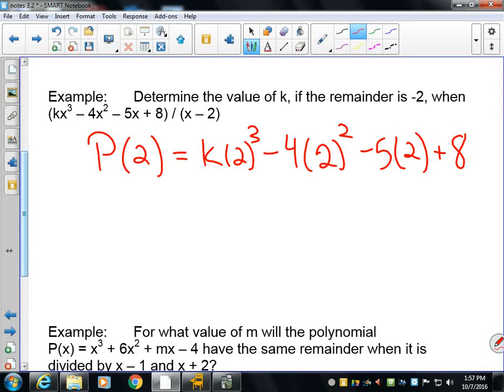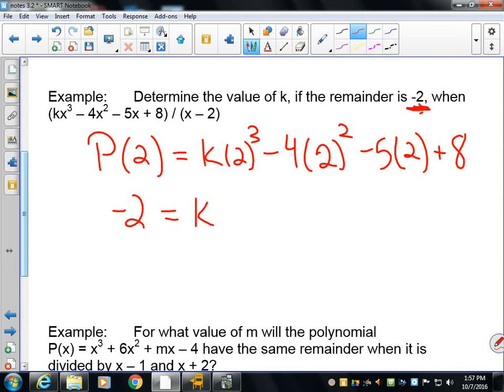But what does p of 2 actually equal? The remainder, right? Because if it was a factor, it equals 0, but it's telling us it has a remainder of negative 2.